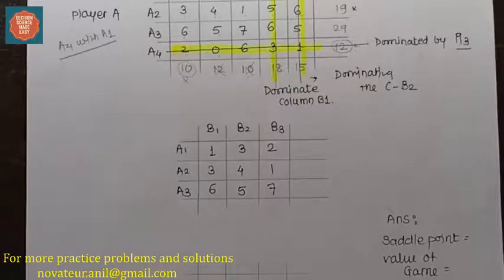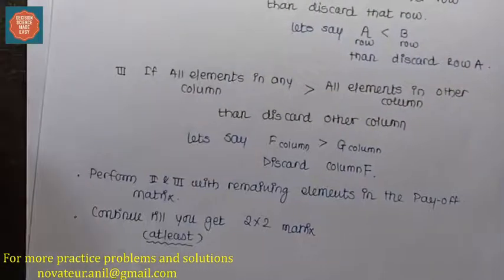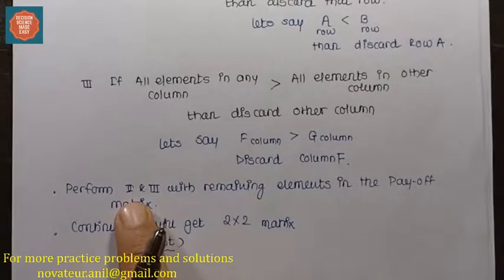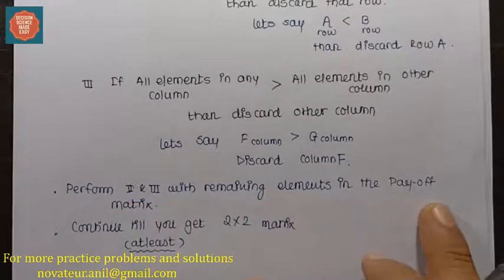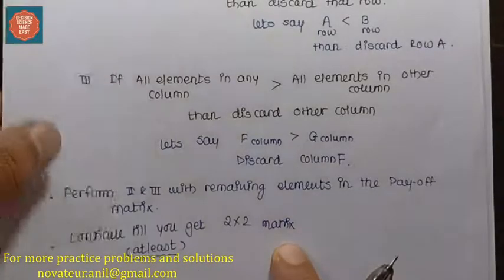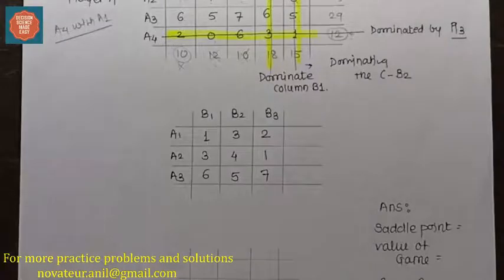So I'll just revise and you can take a snap of this. It says: perform steps 2 and 3 with the remaining elements in the payoff matrix. Continue the same until you get at least a 2 by 2 matrix. If it is a pure game, you might get only a single element, which is also possible.